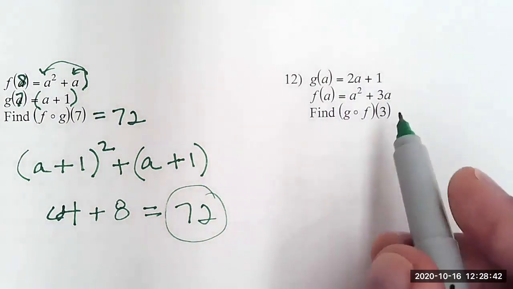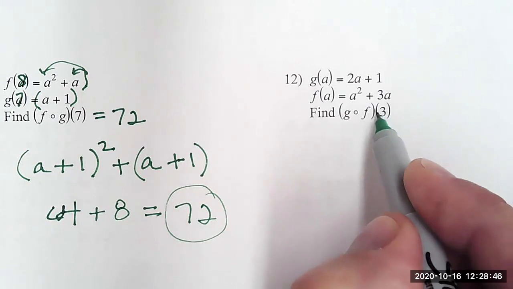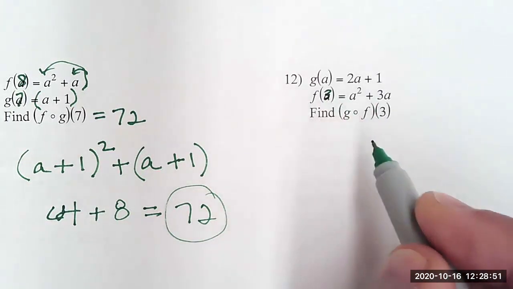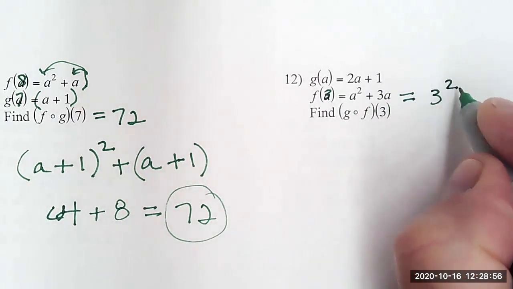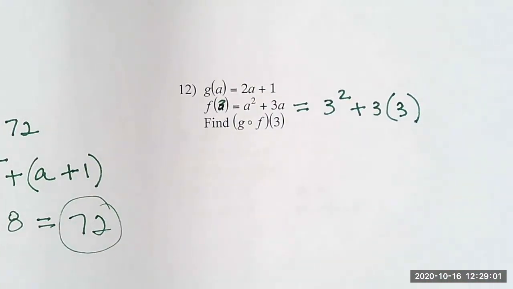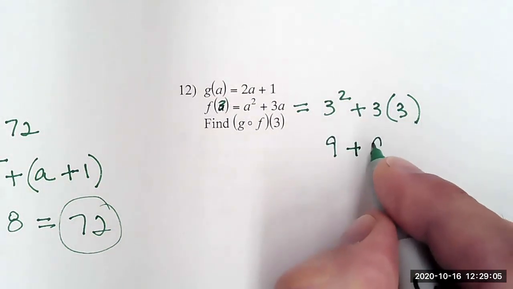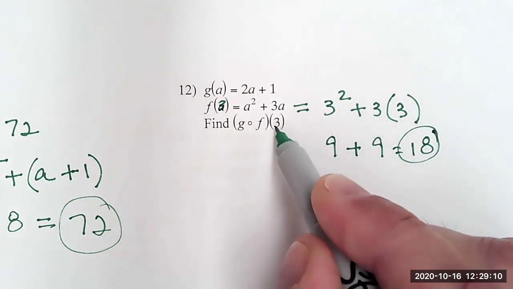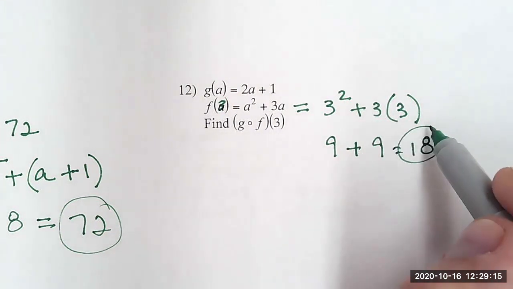Same thing, except 3 is going to be my input for function f. I input 3 and evaluate it, so I have 3 squared plus 3 times 3. That gives me 9 plus 9 equals 18. Now I've evaluated f of a for when a is 3.